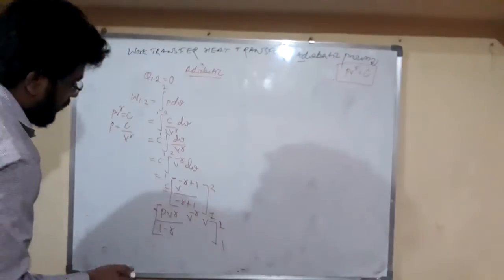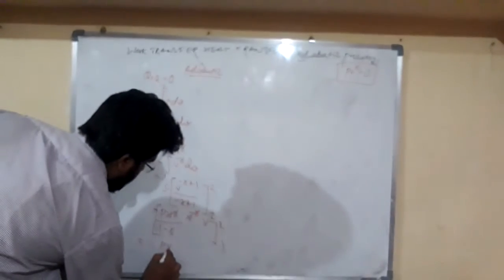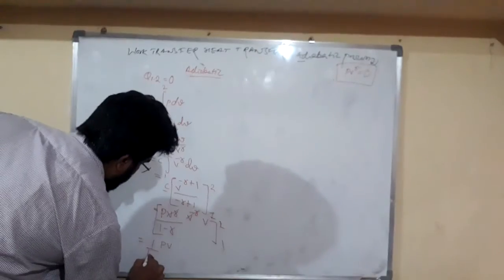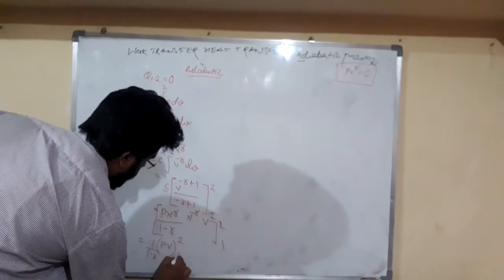Now friends, this cancels with each other, and we find PV with 1 upon 1 minus gamma, and the limit is from 1 to 2.